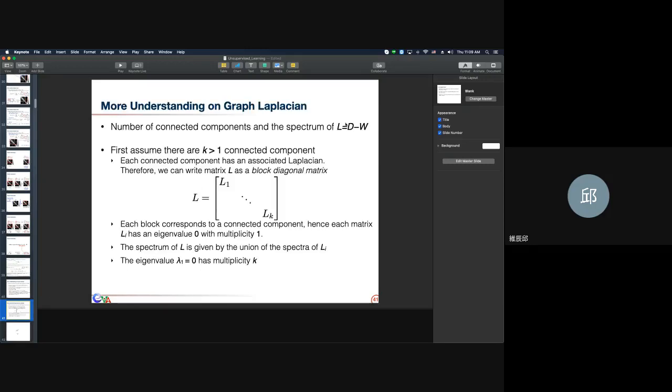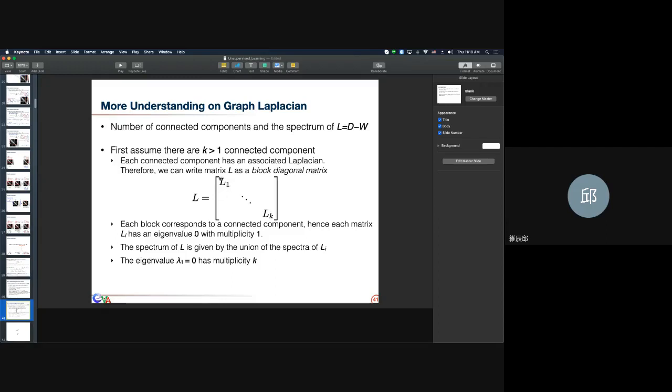In this block diagonal matrix, each diagonal block contains the graph Laplacian matrix from each connected component.